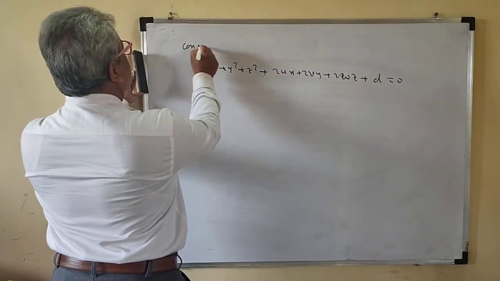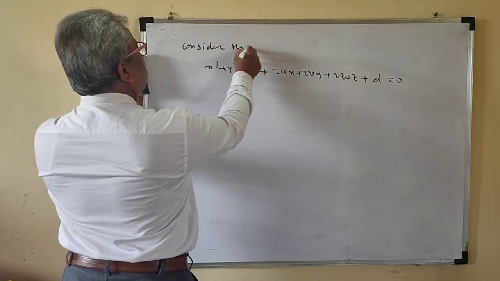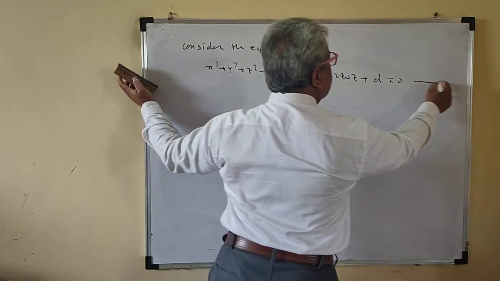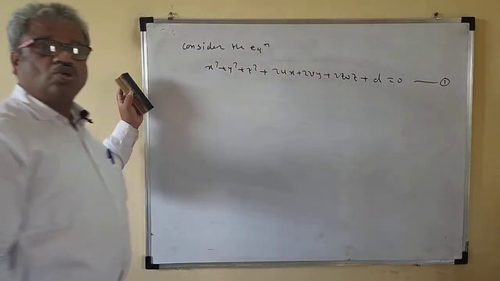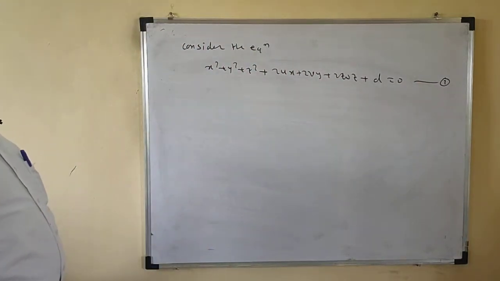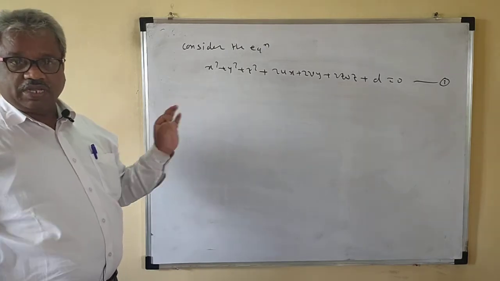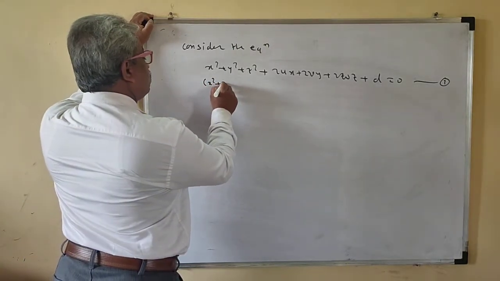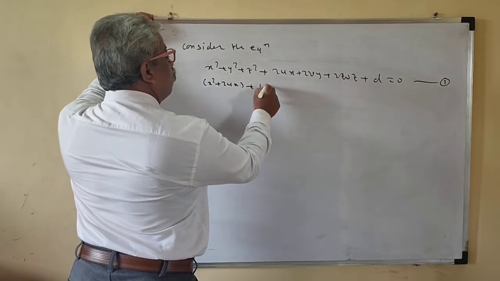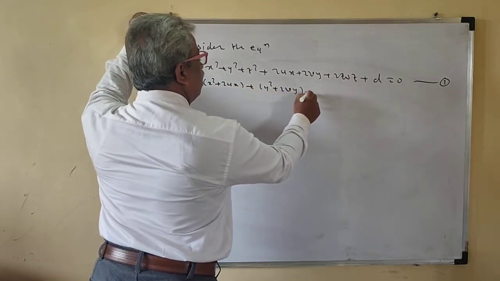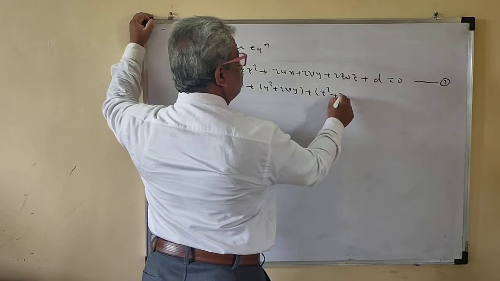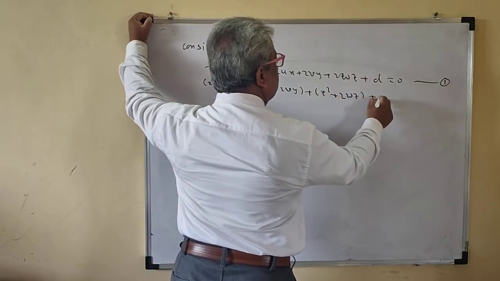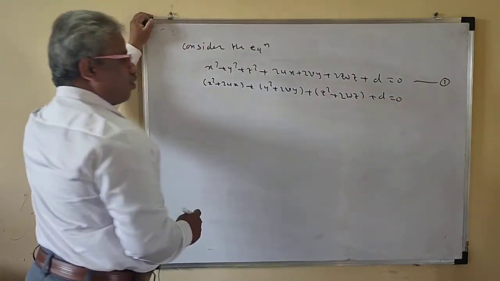Consider the equation. I'll call this equation 1. I want to show that this represents a sphere. So what I will do, I will write this as x square plus twice ux, y square plus twice vy, z square plus twice wz, and plus d.